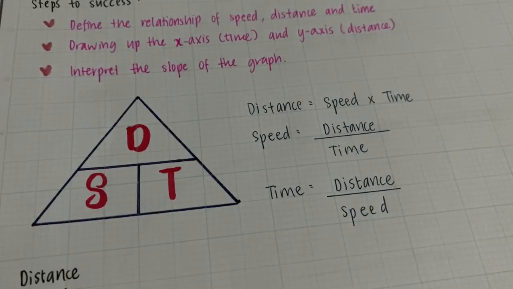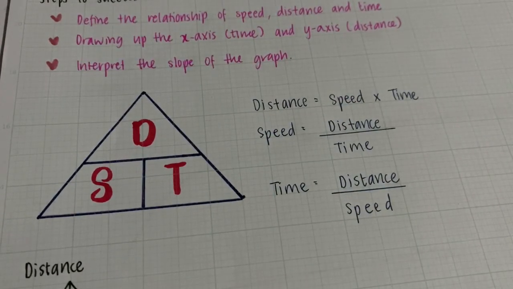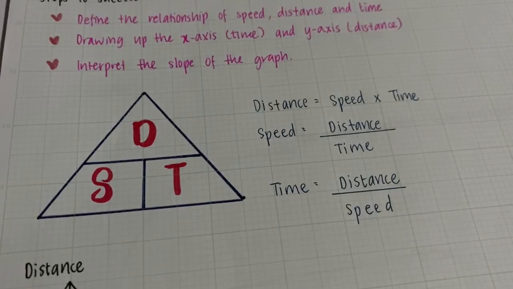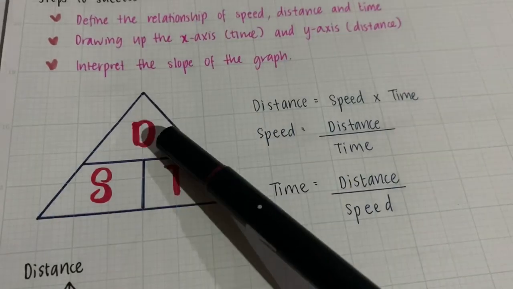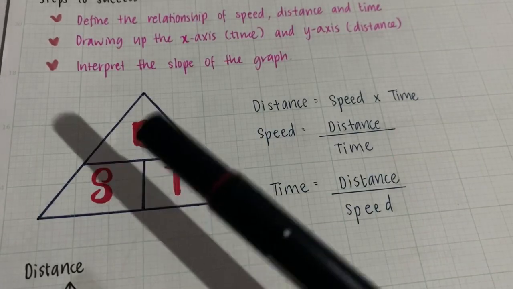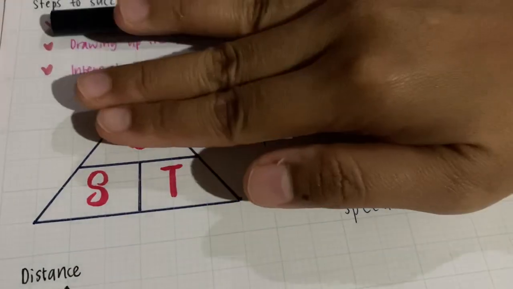Okay, so before we look into that, let's recall what you have already known from your SPE topics. You have looked at this pyramid, which stands for distance, speed, and time. How we use this pyramid is, when you want to find distance, you cover the top part.